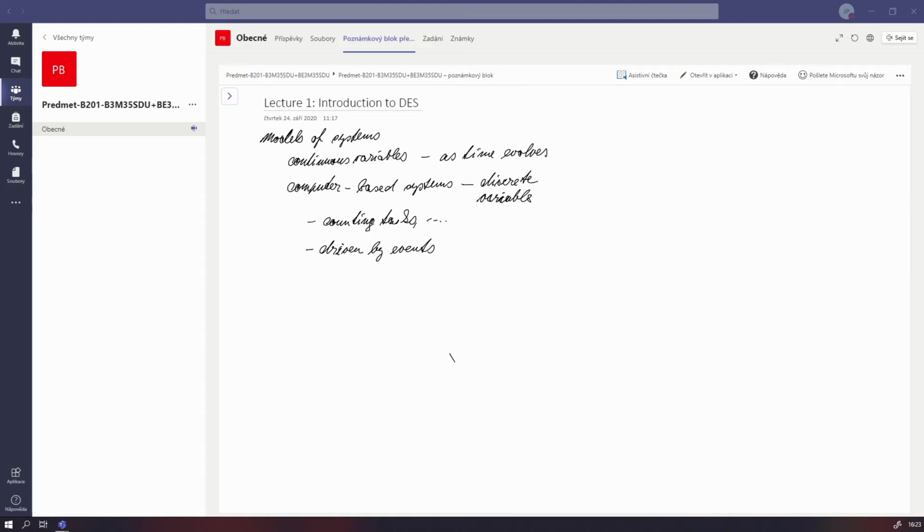So, for example, when we push a button, a reaction is executed as a result of the button being pushed, or a new part is inserted in a system.